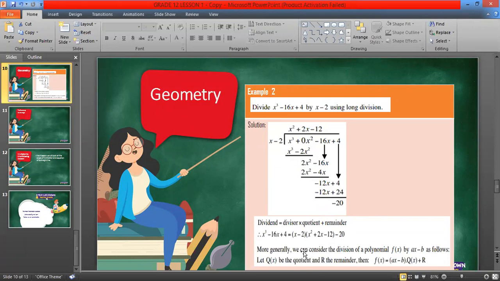So this is your answer and this is your remainder. In general terms, the dividend is always equal to your quotient multiplied by your divisor plus your remainder.